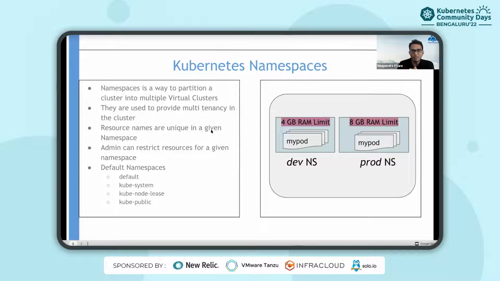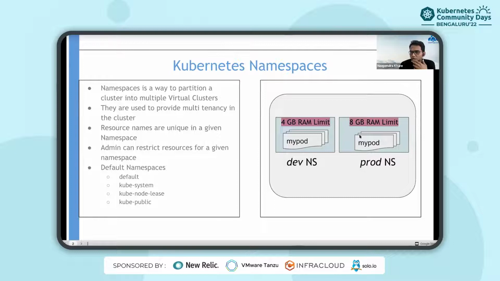So a Kubernetes namespace is a way using which you can basically partition this cluster virtually. It is not a hard partitioning per se, but you are creating multiple virtual clusters on the fly. Like here, for example, I have a dev team and a prod team, correct? And I was saying that dev team can consume at max 4 GB of RAM overall.